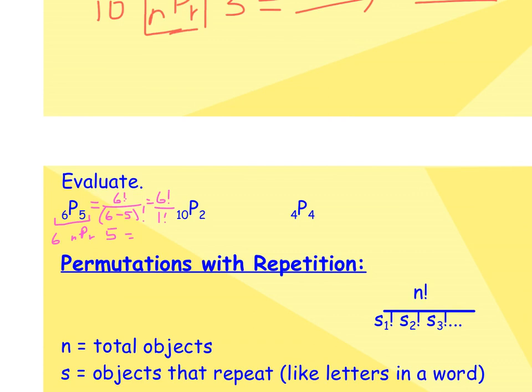And that's the same as 6 times 5 times 4 all the way down to 1. You should get 720 different ways. That's how many ways if you have 5 or 6 things and you want to arrange 5 of them in a unique permutation order. 10P2, same idea, 10 factorial over 10 minus 2 factorial.